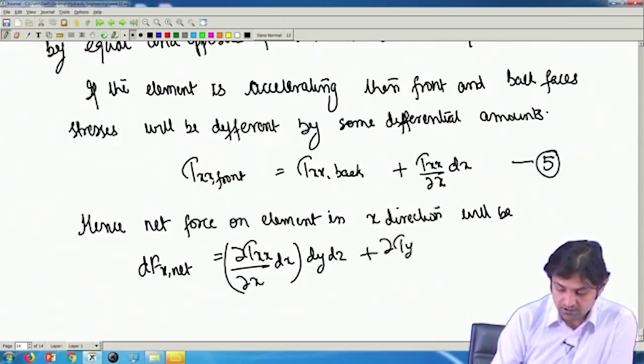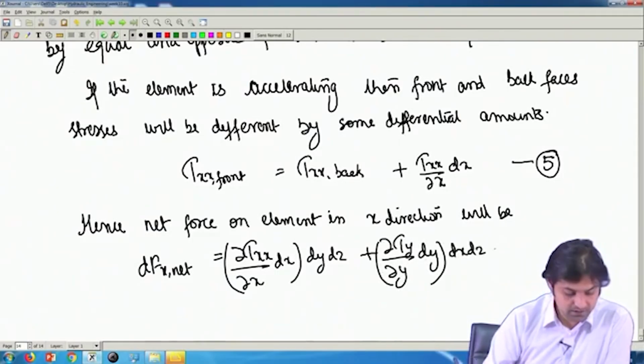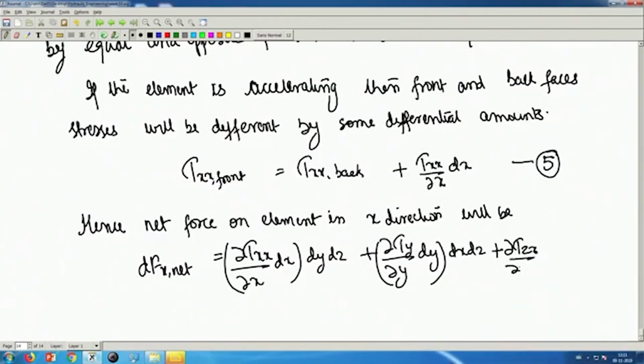Same here, del tau yx by del y into dy, all right, into dx dz plus del tau zx by del z into dz multiplied by dx dy. And this we call equation number 6.